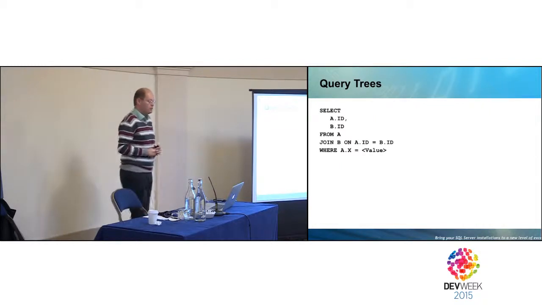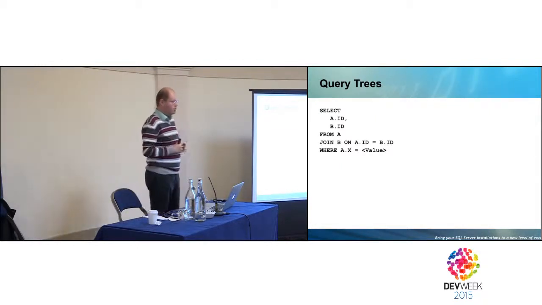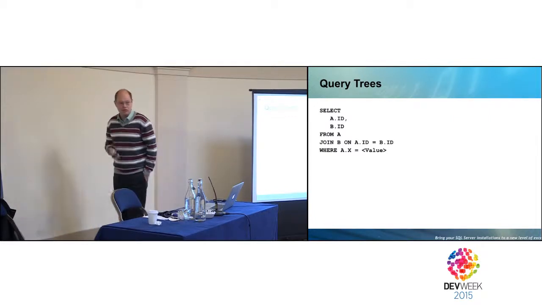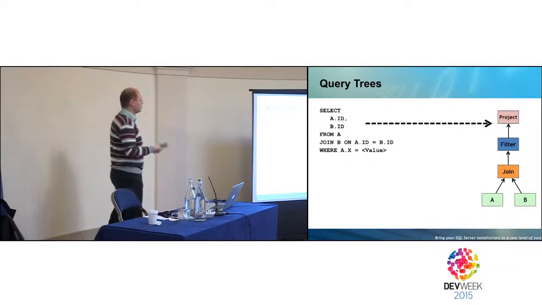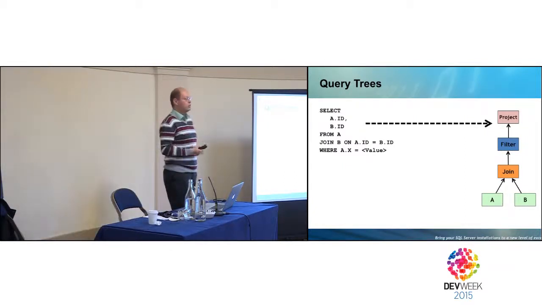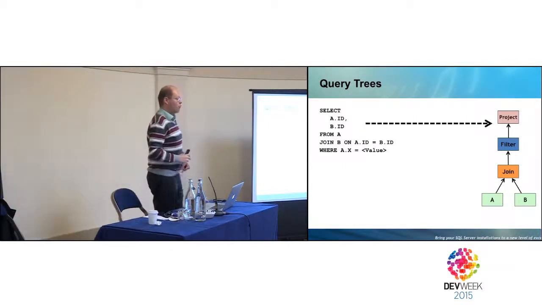Imagine we have a simple query where we join two tables together, where we have a filter predicate. As I've said, in the first step, during that normalization phase, SQL Server generates out of that logical query a so-called query tree. It's just a tree structure, and within that query tree structure, SQL Server still shows our logical query.